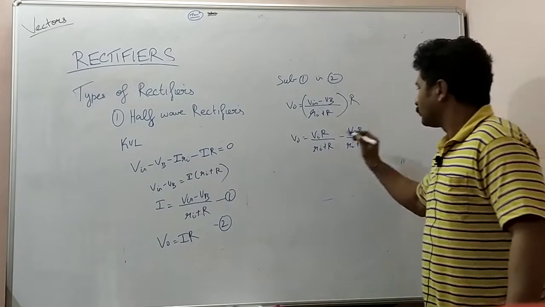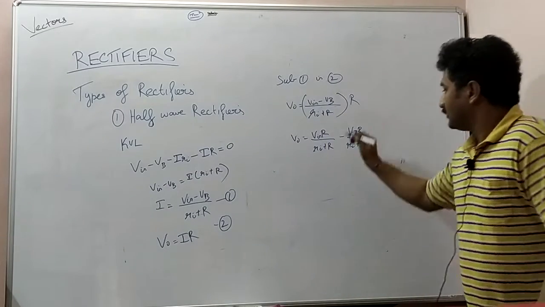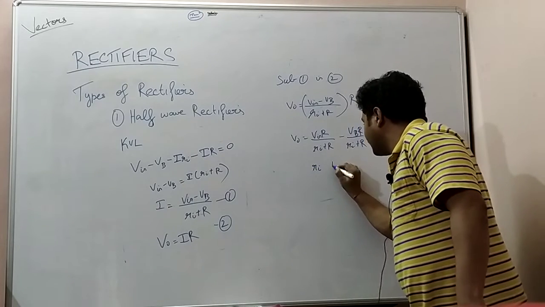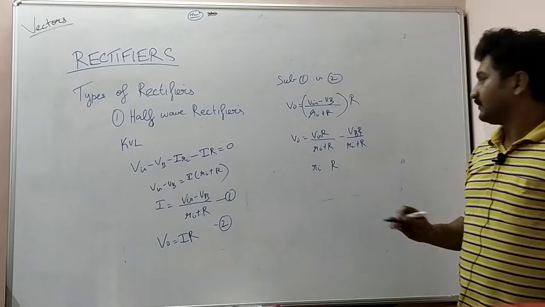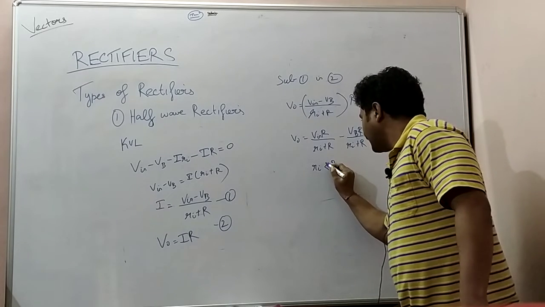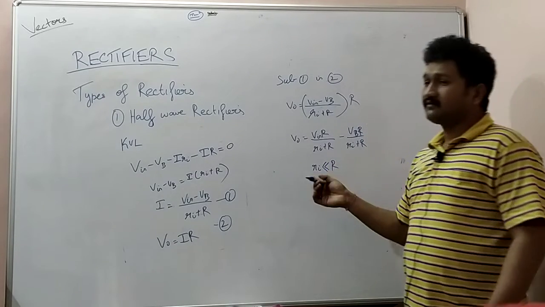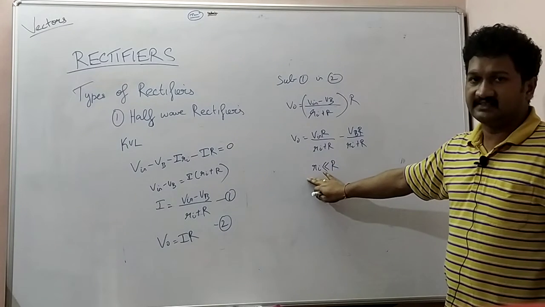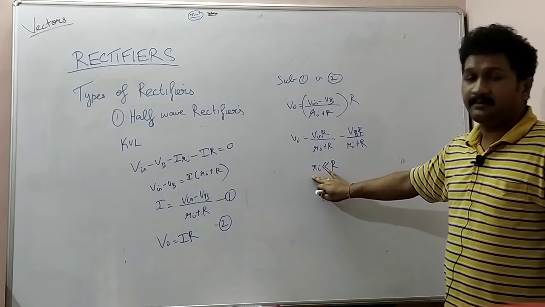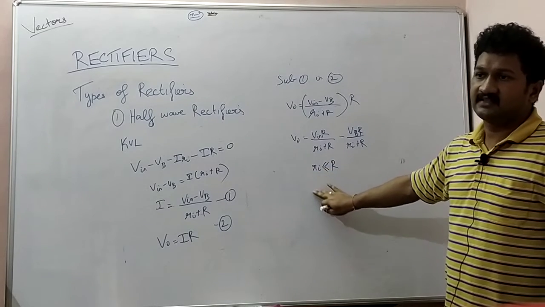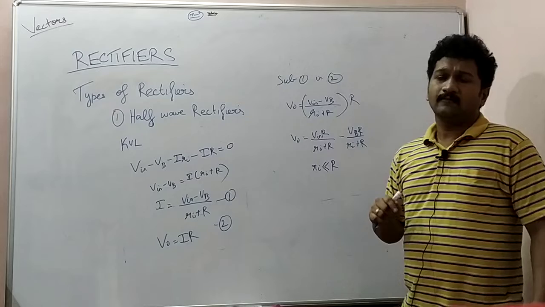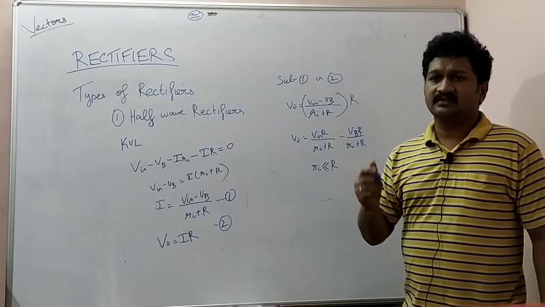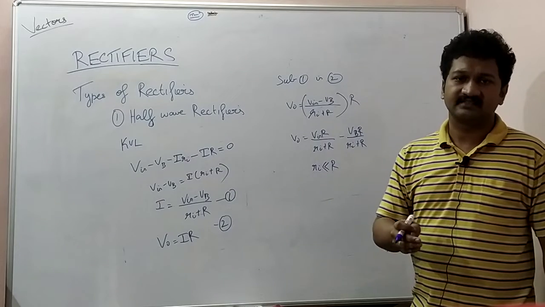Here you have to understand one thing. When you compare the internal resistance of the diode with the load resistance in the circuit, internal resistance will be far lesser, or in other words, the load resistance will be far greater when compared to the internal resistance. This resistance can also be called forward resistance. When you read about the operation of a diode, you will come across forward resistance and reverse resistance.